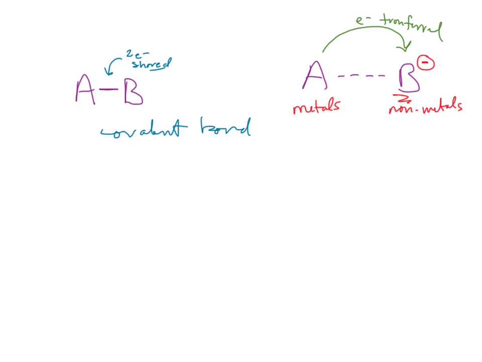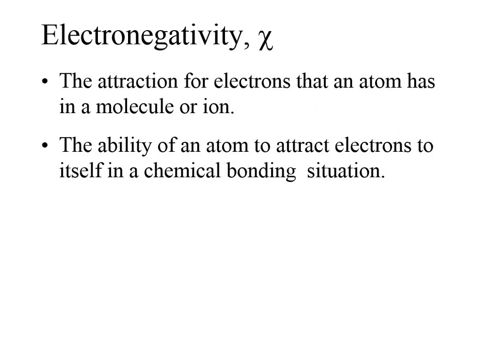So I'll put a little negative superscript up there for the B. And now the metal is deficient in electrons and becomes positively charged. Anything that's positively charged is a cation, and anything that's negatively charged is an anion. Not to be confused with an onion, I know. So that's all it is.